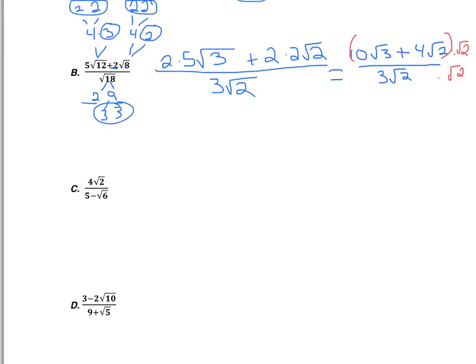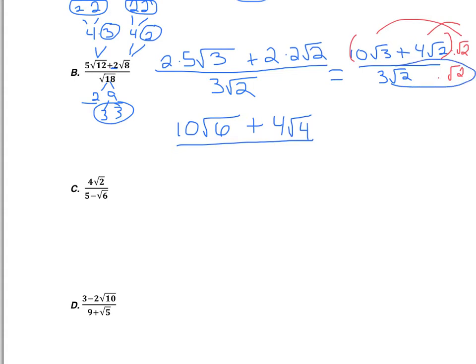So on the top, I would distribute root 2 to both terms on the top. So then I will have 10 root 3 times root 2 is root 6, plus 4 root 2 times root 2 is root 4, all over 3 root 2 times root 2. Root 2 times root 2 just becomes 2, so the bottom becomes 3 times 2.